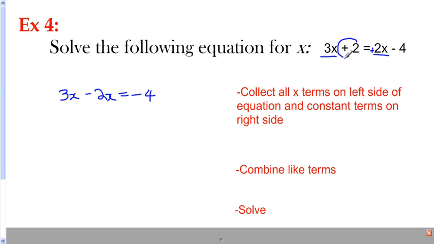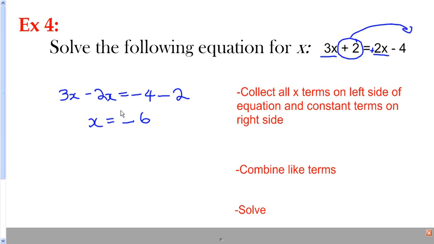But this positive 2 was on the left side. When we move it to the other side, it is changing. It's jumping over the equal sign, so that's going to become minus 2. So 3x minus 2x gives me just x. And minus 4 minus 2 actually gives me minus 6.